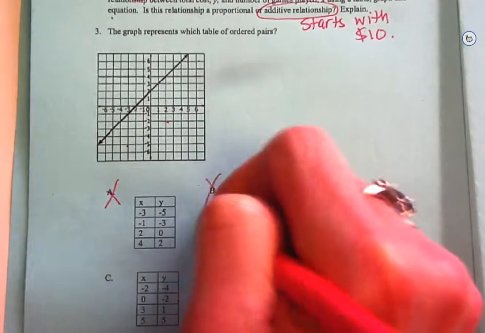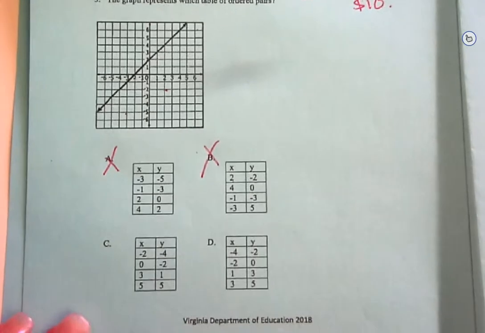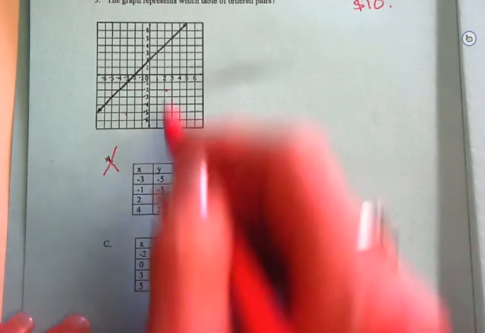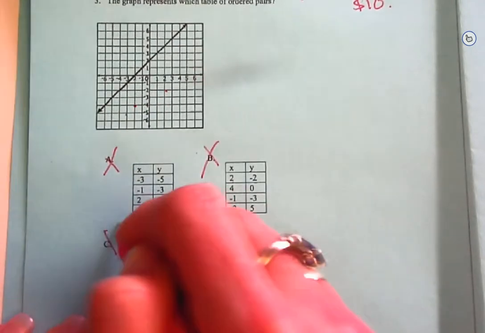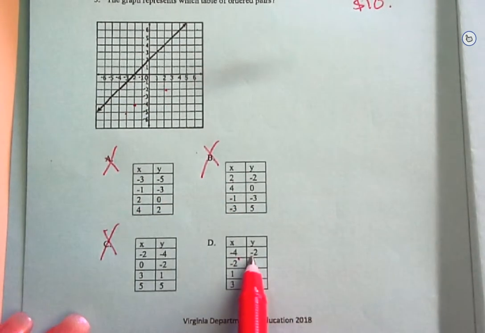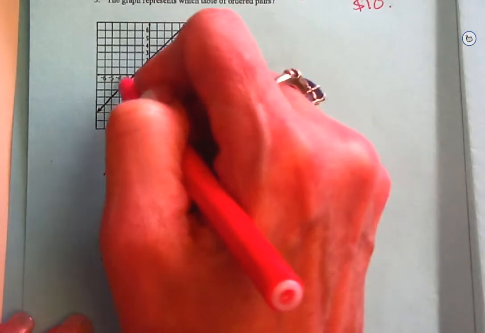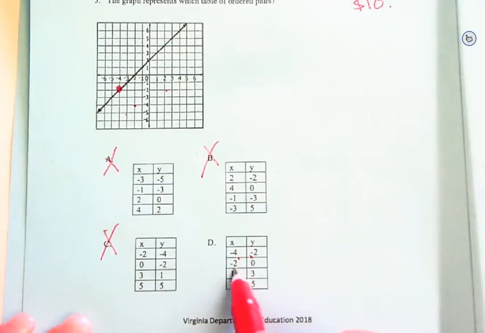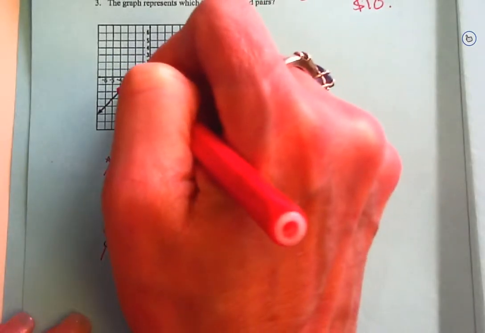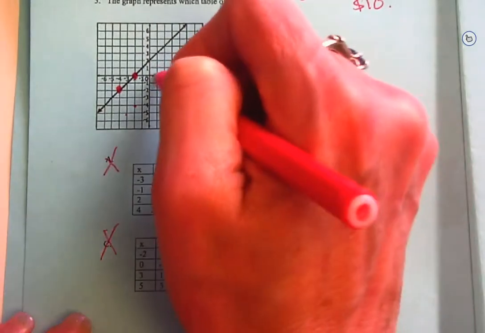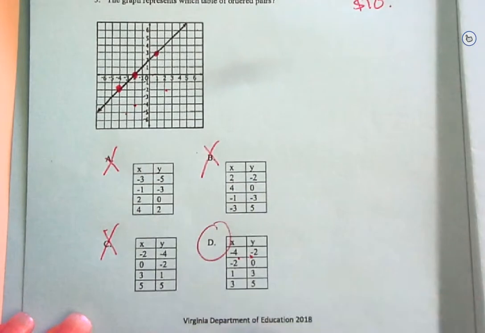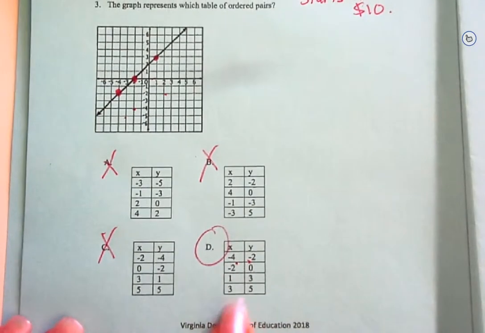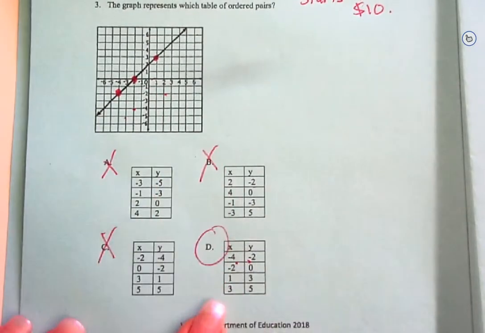No. I'm going to eliminate the table. -2, -4. Is it there? No. -4, -2. It's there. -2, 0. 1, 3. So if you have one with a table and a graph, probably how you were doing the matching in class today, you can just look at the points on the graph and match them to the table.